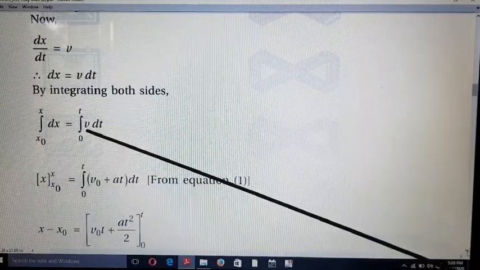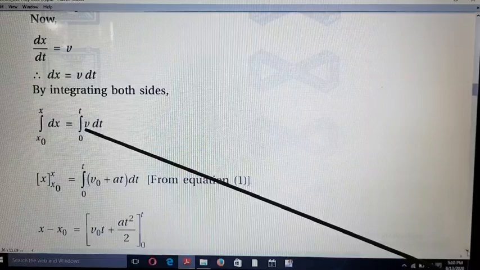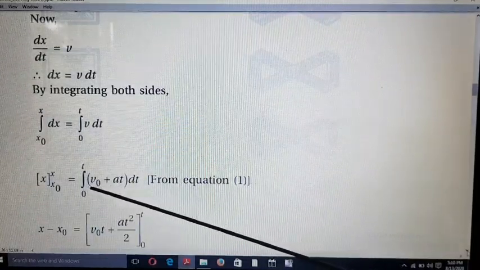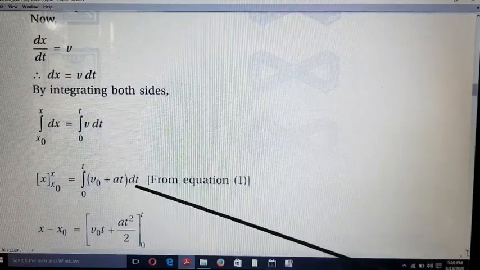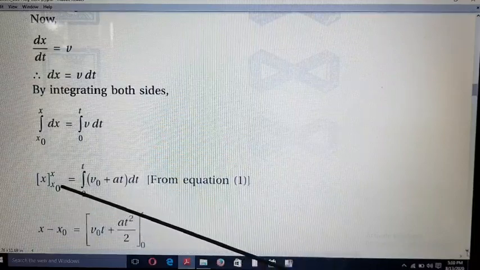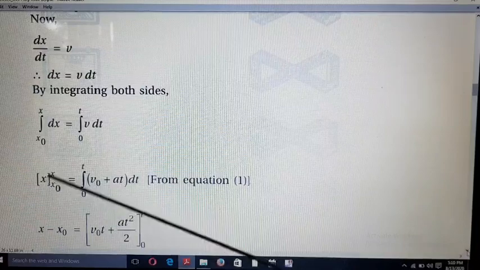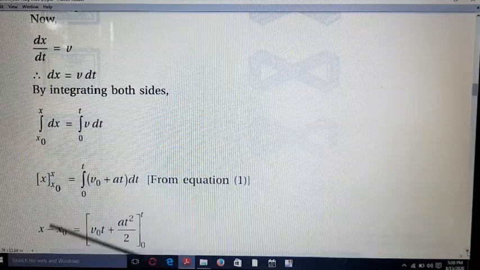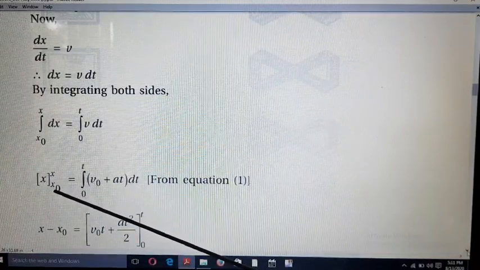Friends, here instead of v we can write v0 plus at from equation number 1, and dt is as it is. Okay. Now we substitute the value of upper limit and lower limit. So instead of x we write the upper limit x, minus sign, and instead of x we write x0, the lower limit.